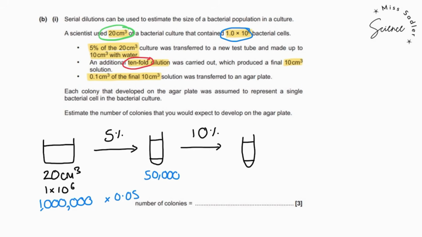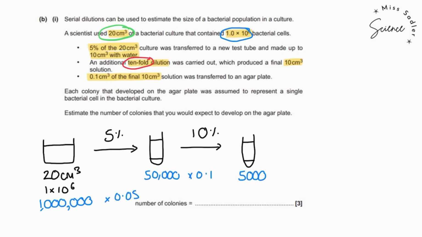Because it's 10%, we need to times 50,000 by 0.1 to get our 10% value, which is 5,000. So that's how many bacteria are in that second test tube along.